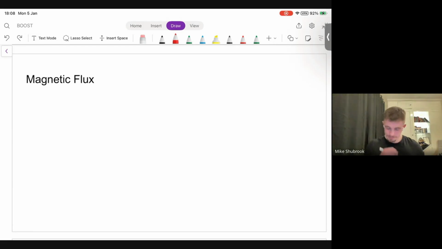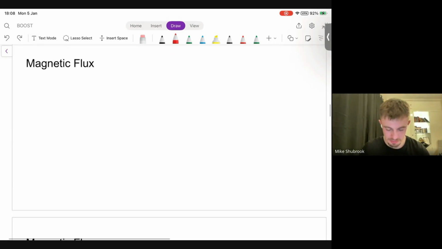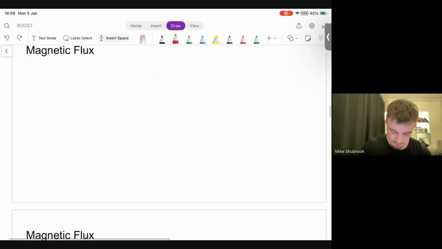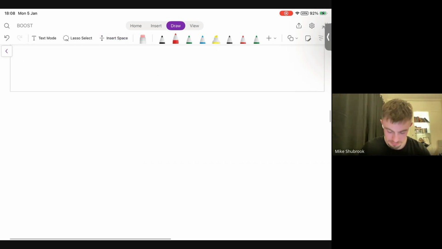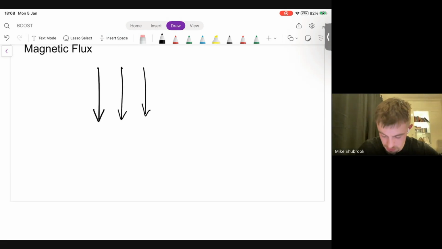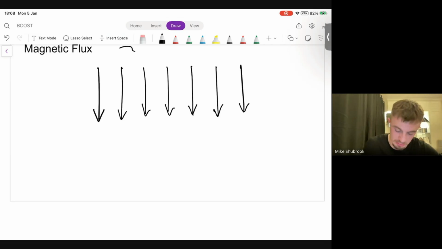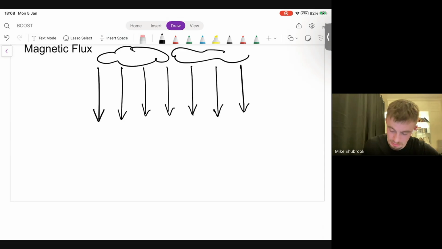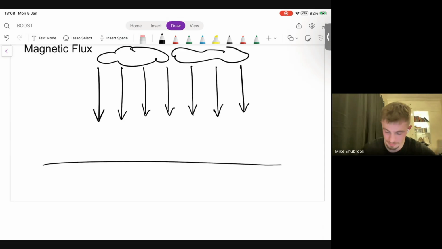So, magnetic flux. To understand magnetic flux, we're first of all going to imagine, right, let's imagine that it is raining outside. I'm going to draw the rain like this, just coming straight down from the clouds onto the floor.